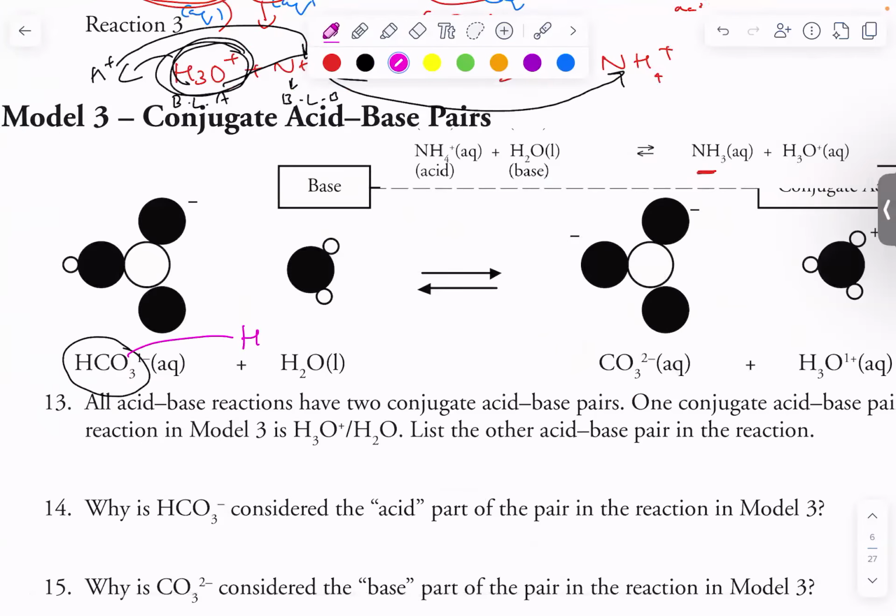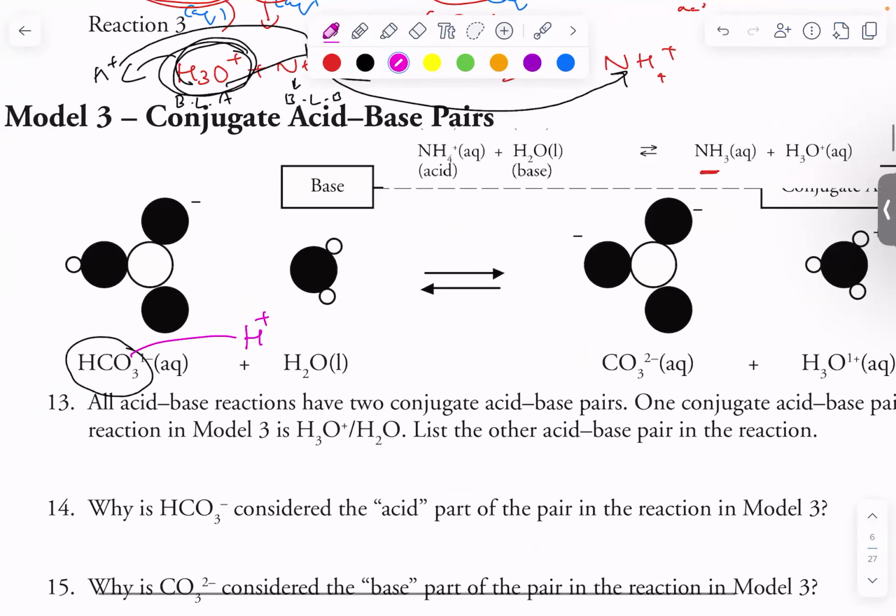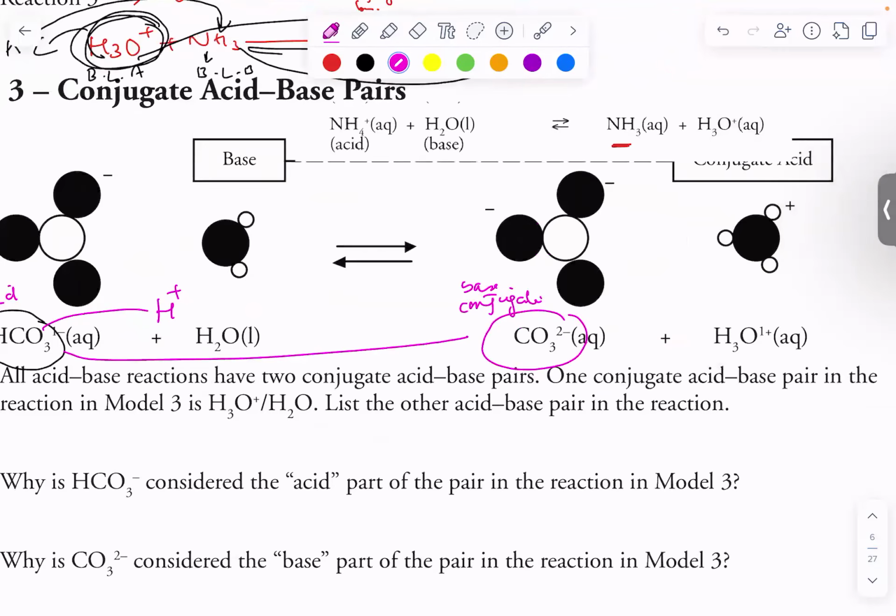After donating the hydrogen ion, it will be left with CO3 2 minus. So this is the acid and this is the conjugate base. And if this is a base, this one would be the conjugate acid.